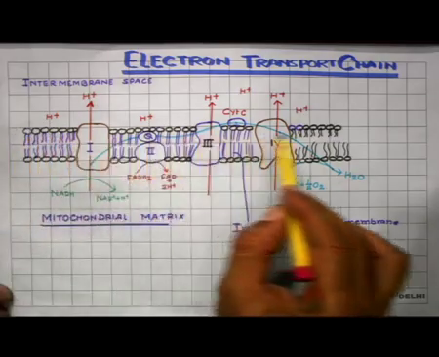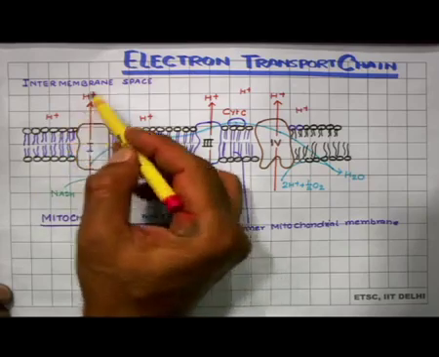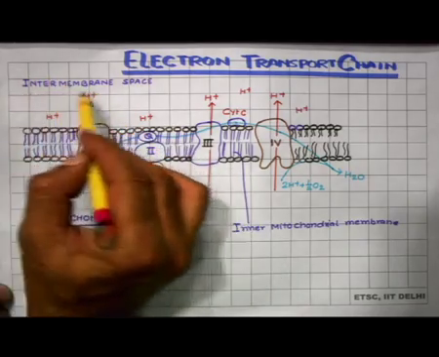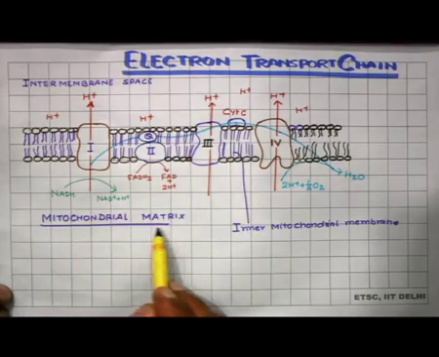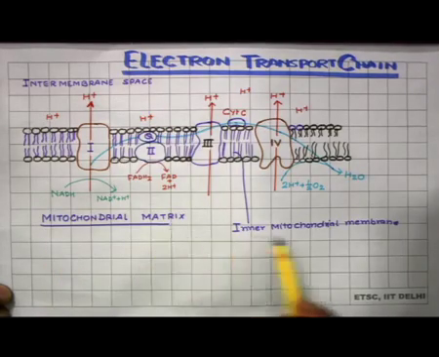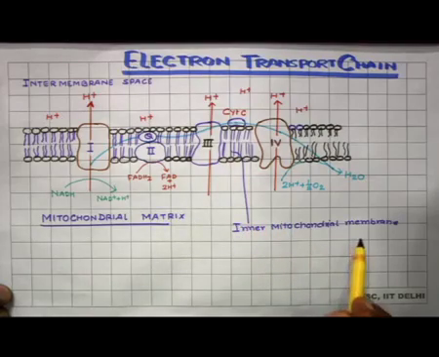Here is the phospholipid membrane, this is the intermembrane space, this is the mitochondrial matrix and this is the inner mitochondrial membrane.